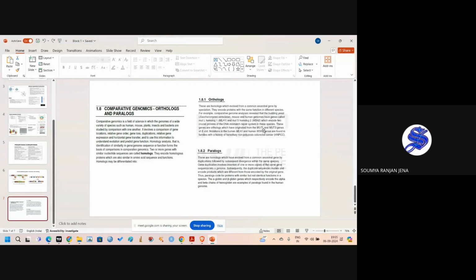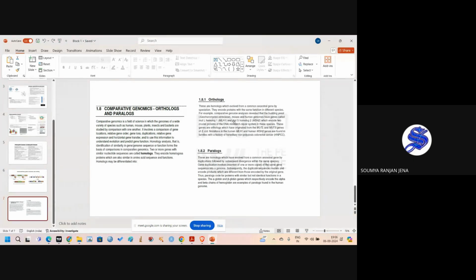These genes are orthologous, having originated from the mutL and mutS genes of E. coli, and they are orthologous to E. coli. Mutations in the MLH1 and MSH2 genes are found in families with a history of hereditary non-polyposis colorectal cancer, that is HNPCC, because if this mismatch repair is mutated, then colorectal cancer will occur in human beings.